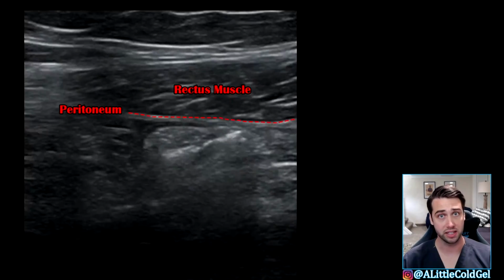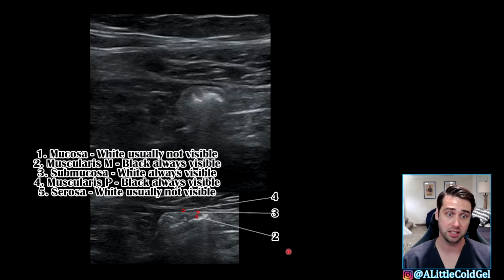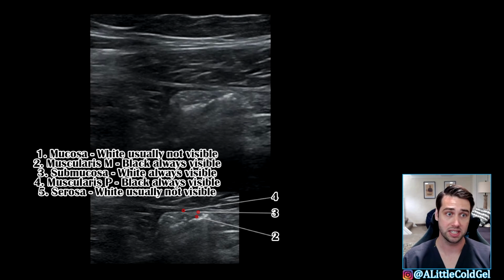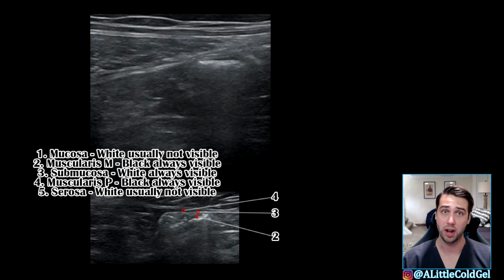Now let's look at the next image that's going to show us the layers of bowel wall. Still here, we have that same image where we have that black, white, and black sandwich, with a thin white line between two black layers. Now let's play that clip. At the beginning of the clip, you can clearly see that thin white line between two black layers, which represents a bowel wall.